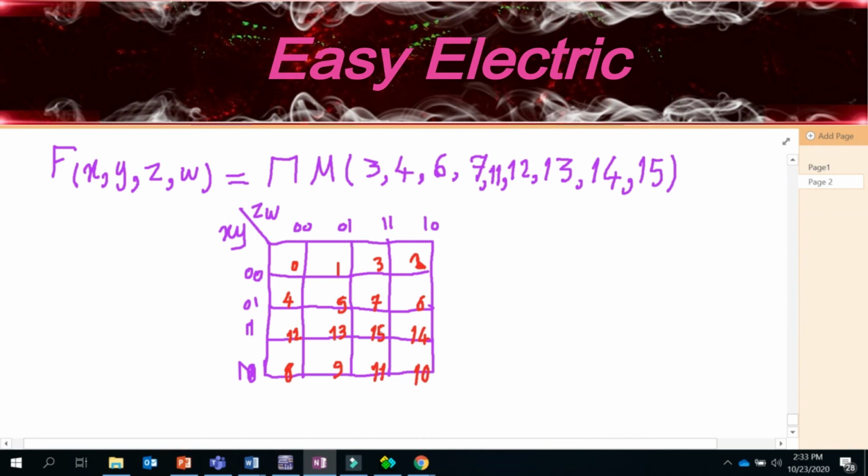Similar to the previous examples, we just take a look at whatever we have inside the parentheses here. In these max terms the function is 0, right? So here we have max term 3, so you put 0 here. You have max term 4 and 6.